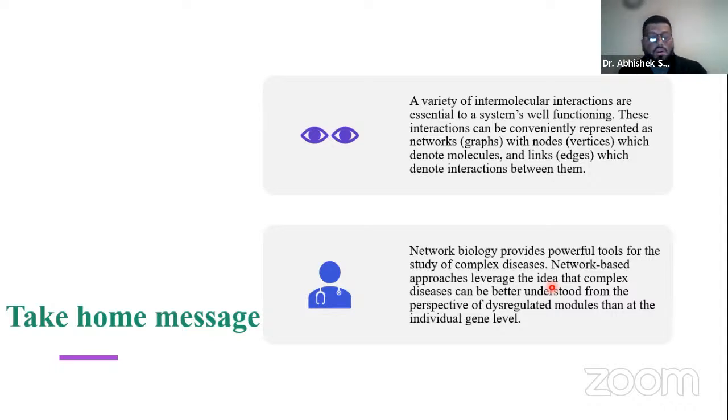A variety of intermolecular interactions, including protein-protein interactions, protein-DNA interactions, and RNA interactions, are essential to these cooperative activities. These interactions can be conveniently represented as networks, that is graphs with nodes, which denote molecules or components, and links, which denote the interactions between them.